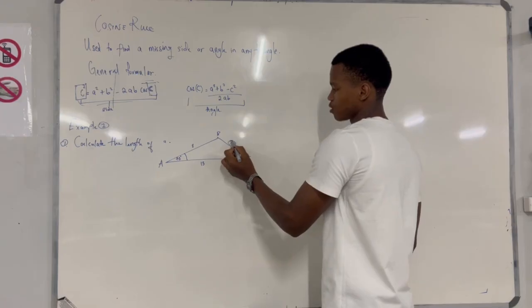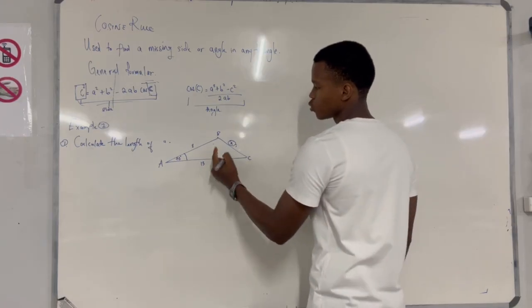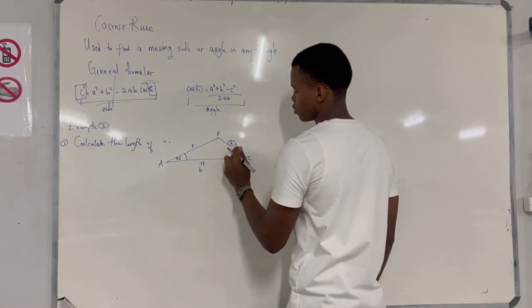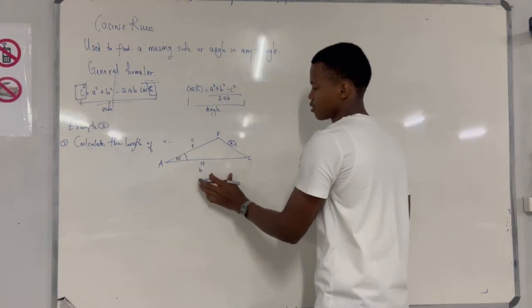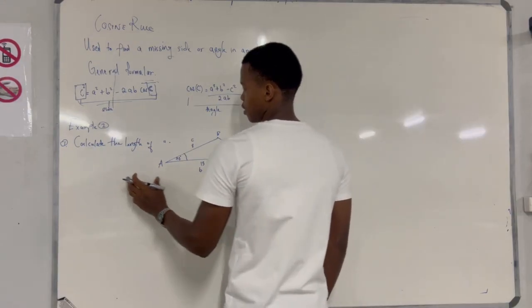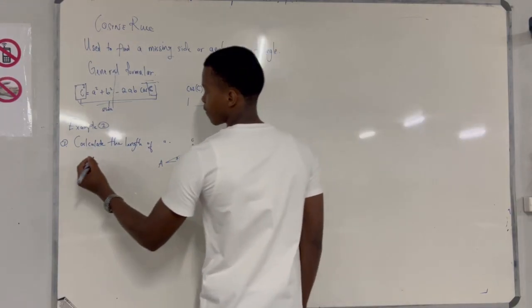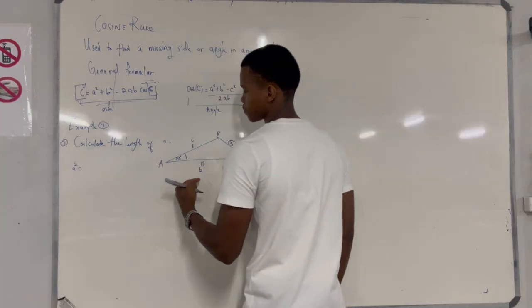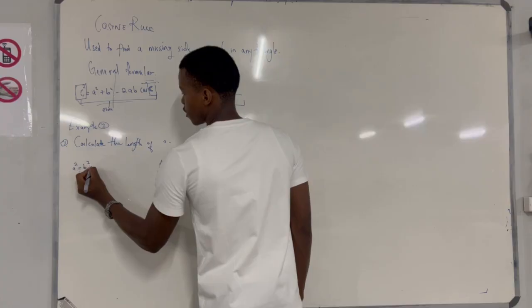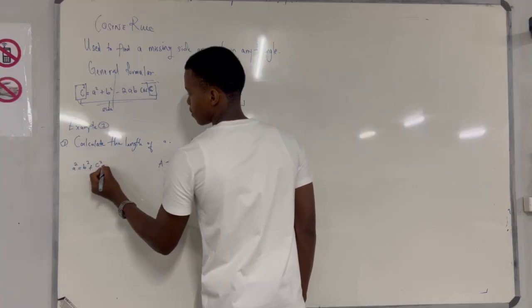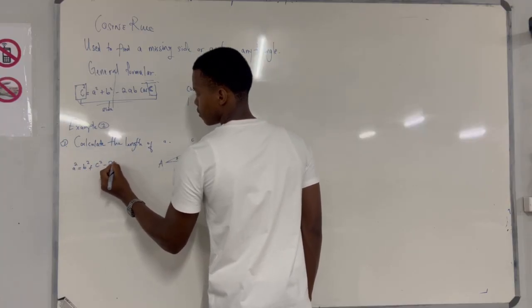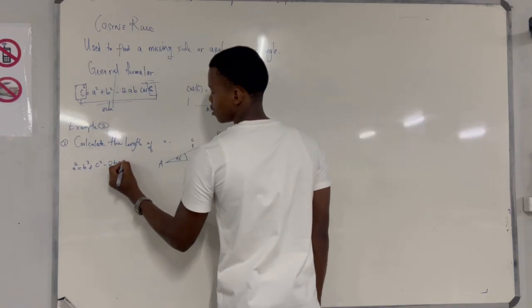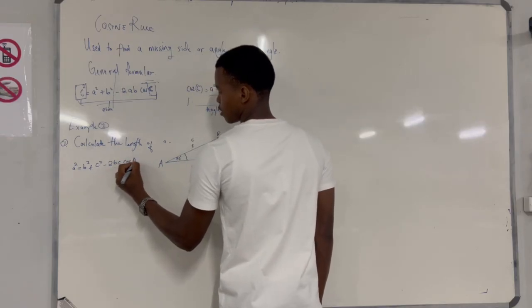In this case, this is our a, this would be our b, and this would be our c. So our formula would be a squared equals b squared plus c squared minus 2bc cos A.